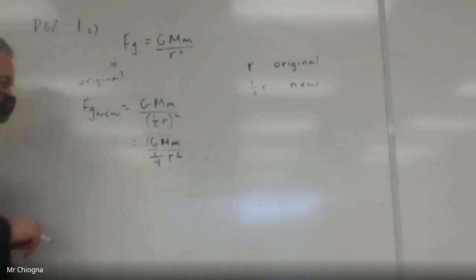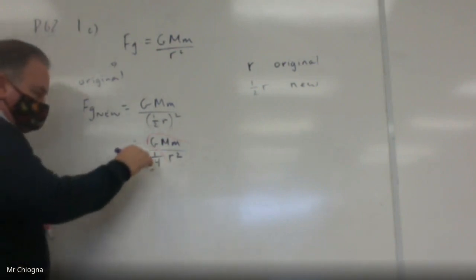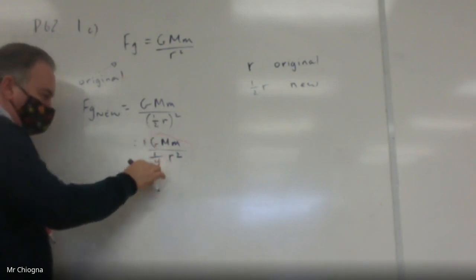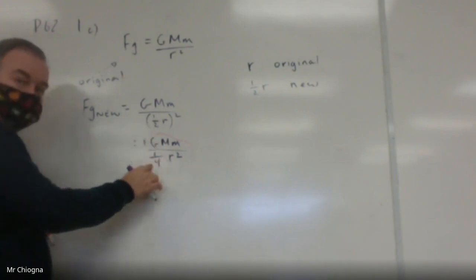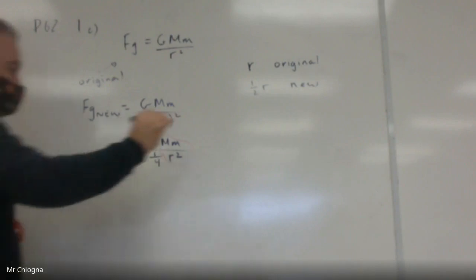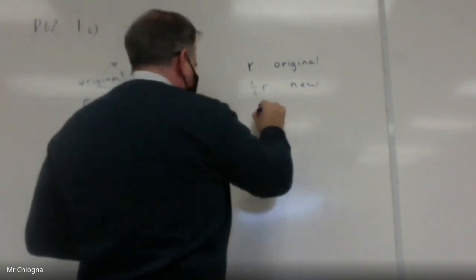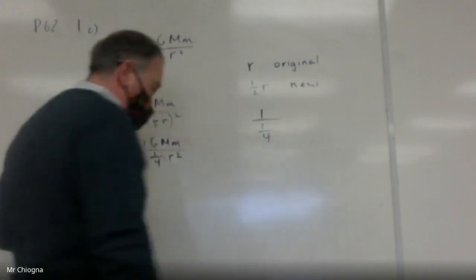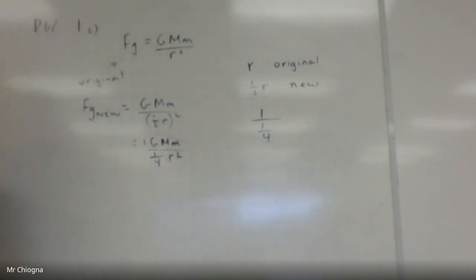Okay, so what do you have? There is a 1 in front. You have 1 divided by 1/4. Okay, I want to do that over here. Do I have enough room? I'll do it here because I can capture it. So whenever you divide by a fraction, here's the rule of math. If you divide by a fraction, it's the same thing as multiplying by the reciprocal.